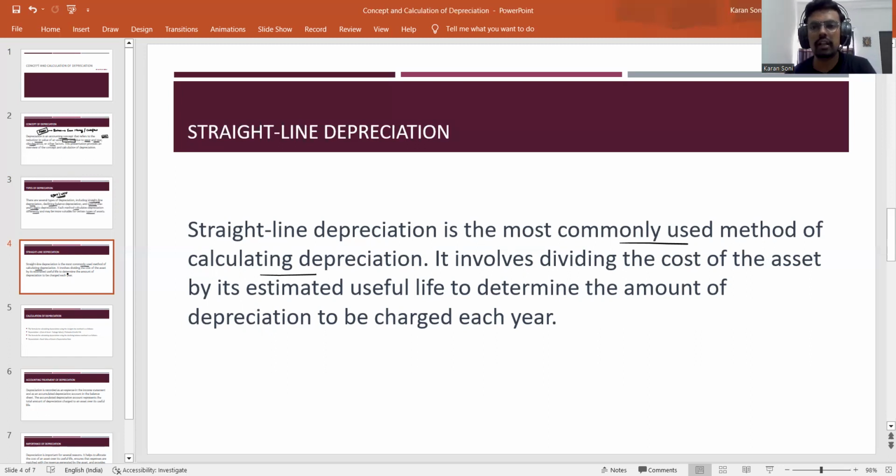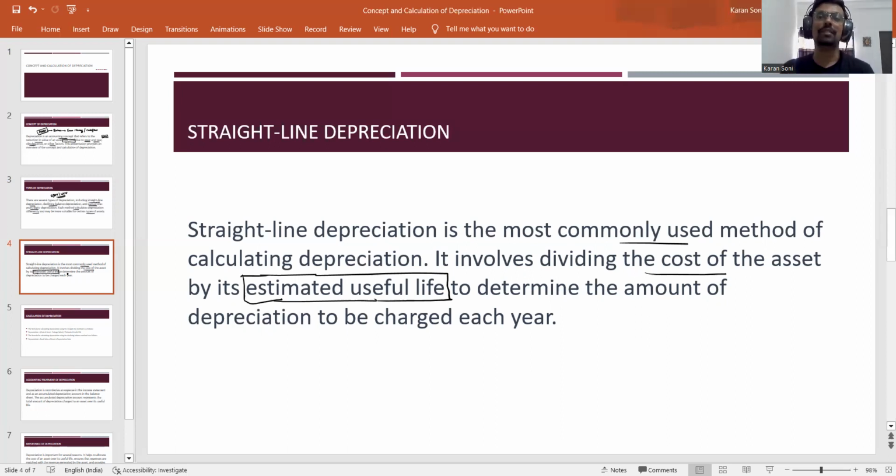It involves dividing the cost of the asset by its estimated useful life. Guys, very important, we have to mark it important: the information we need here is the estimated useful life of the asset. For example, I was talking about my laptop.